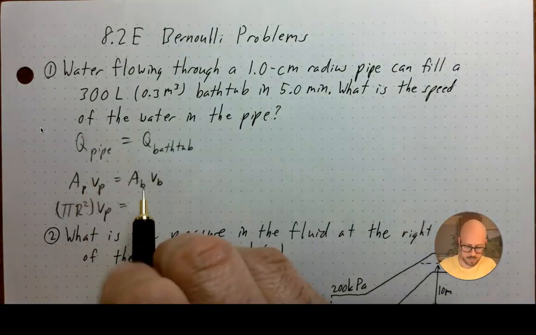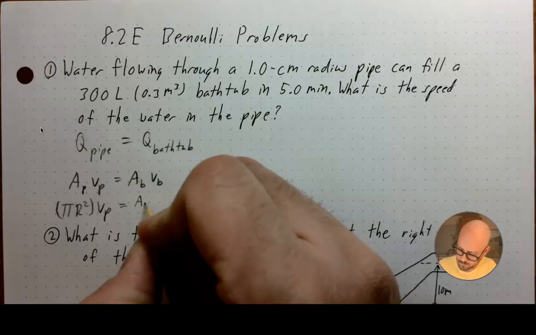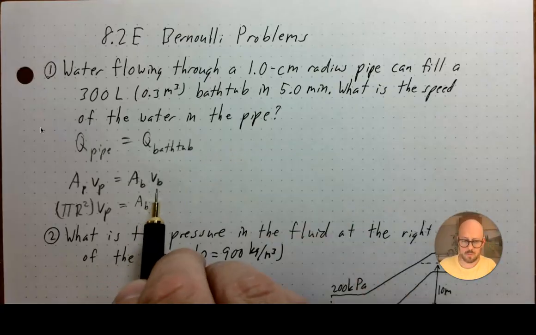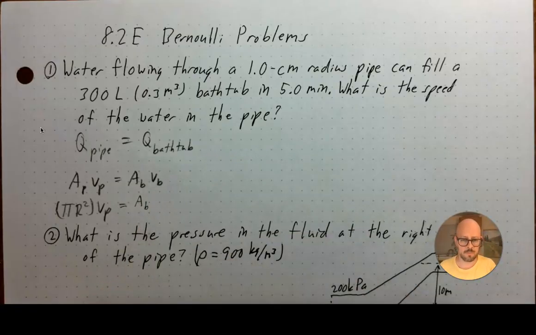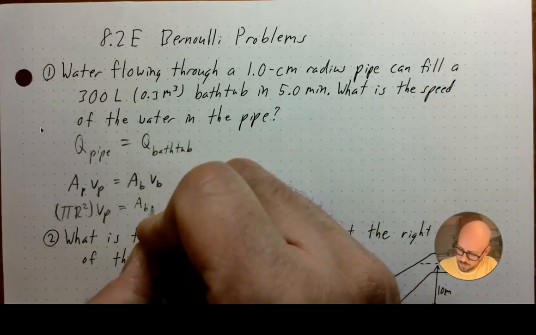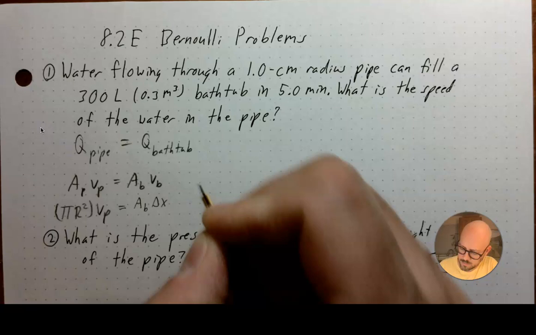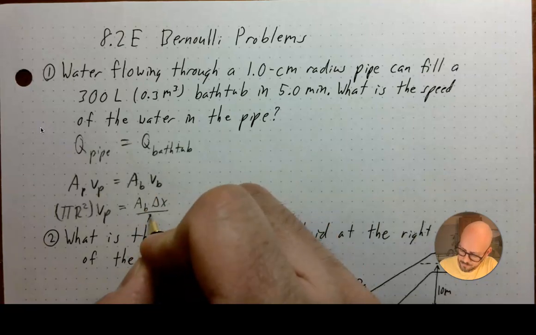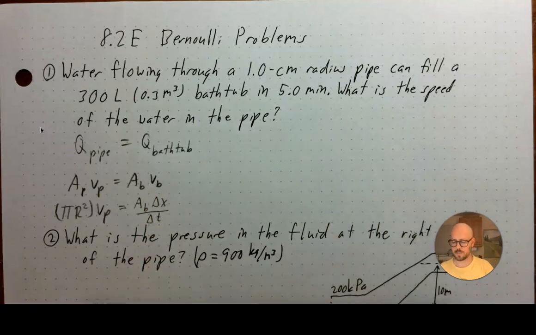So I'm going to keep the area of the bathtub, but I want to recognize that when something is flowing, the way that we're going to work with it, it's flowing at a constant speed. And so the speed is just going to be the distance that it travels in a certain amount of time.